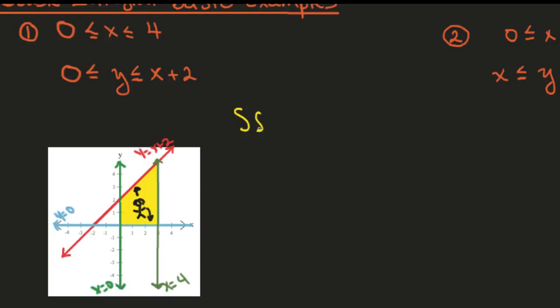Now, for some of these more basic regions like this, you should be able to determine that without graphing it, because we know that x plus 2 is a straight line. You should be able to pick an x value between these two numbers, plug it into here, so plug in 1 for instance, and you get a 3.